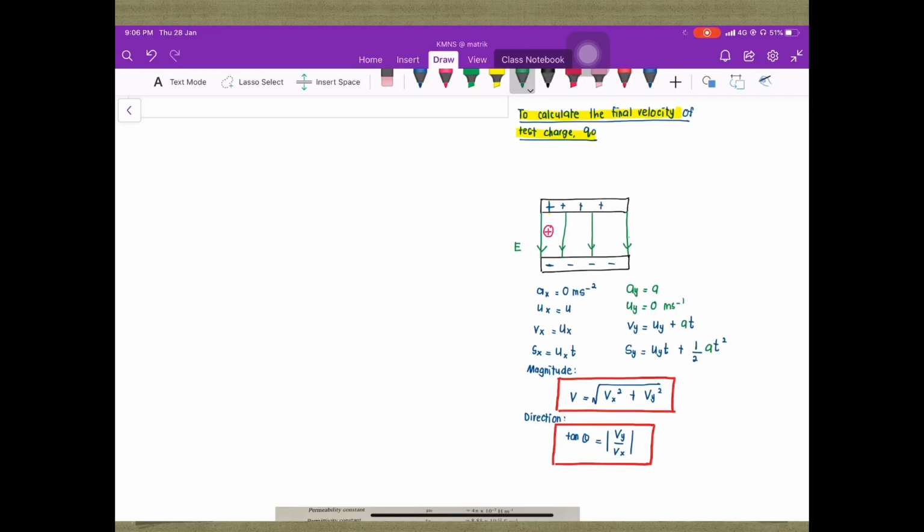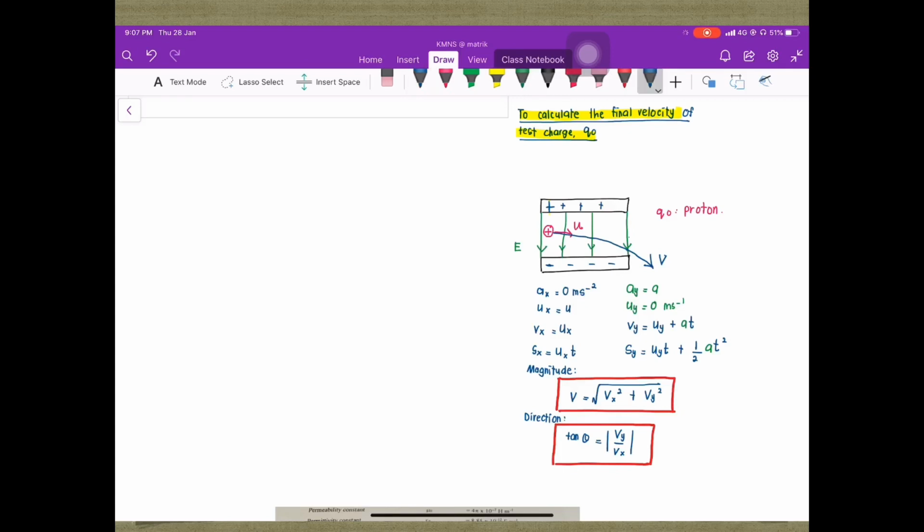Now, let's say this charge is a proton, initially moving with initial velocity u. What happened to this proton? This positive charge will be deflected downward. Am I right? Yes. Okay, look at this.